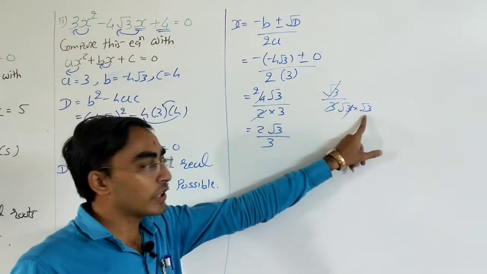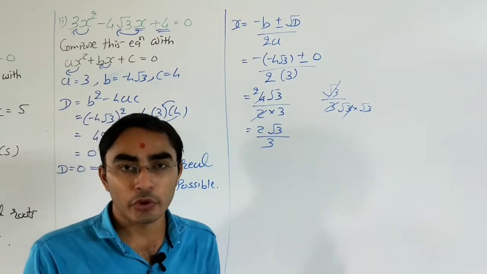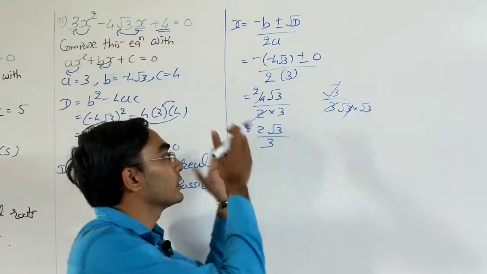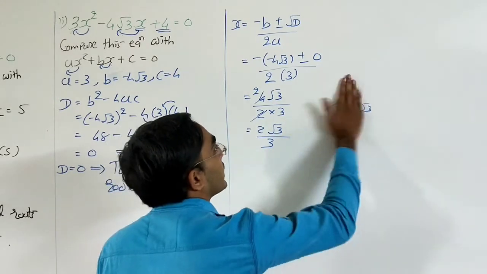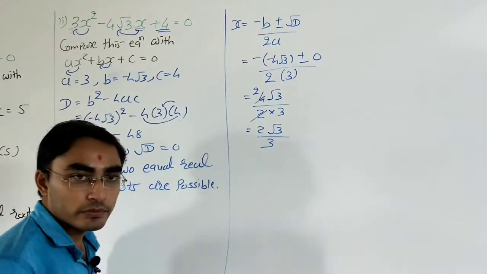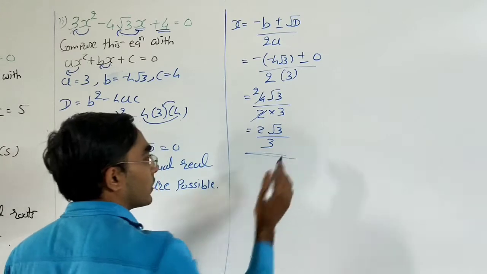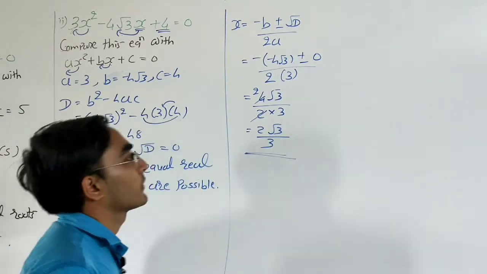So if we cut this, then we need to do the rationalization process. Then again we get 2 under root 3 divided by 3. So right now we do not cut it. We only cut this 2 to the 4. Okay, so this is your final answer.